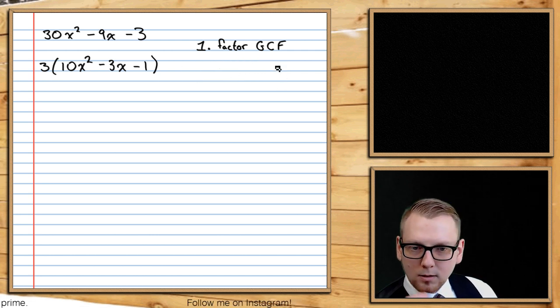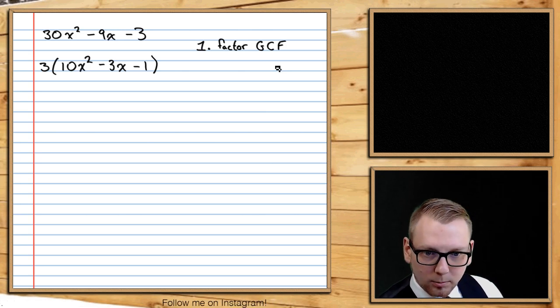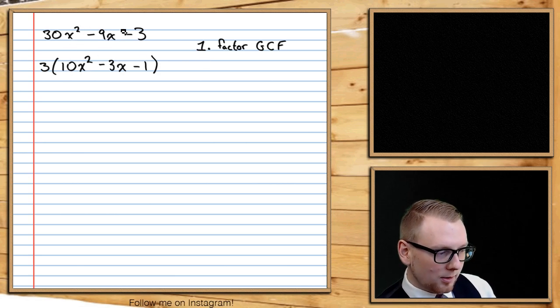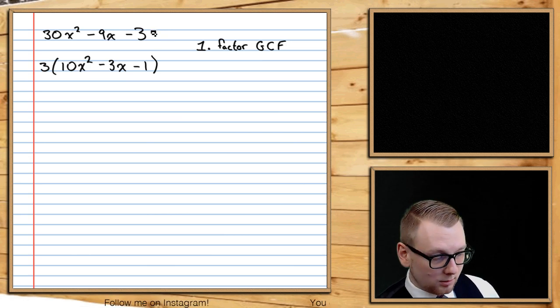Well, see, the thing is, it's not just numbers. It could be like a variable as well. So for example, if this was like x to the power of 4, x to the power of 3, and an x squared, you could take out an x squared and then you'd still continue.